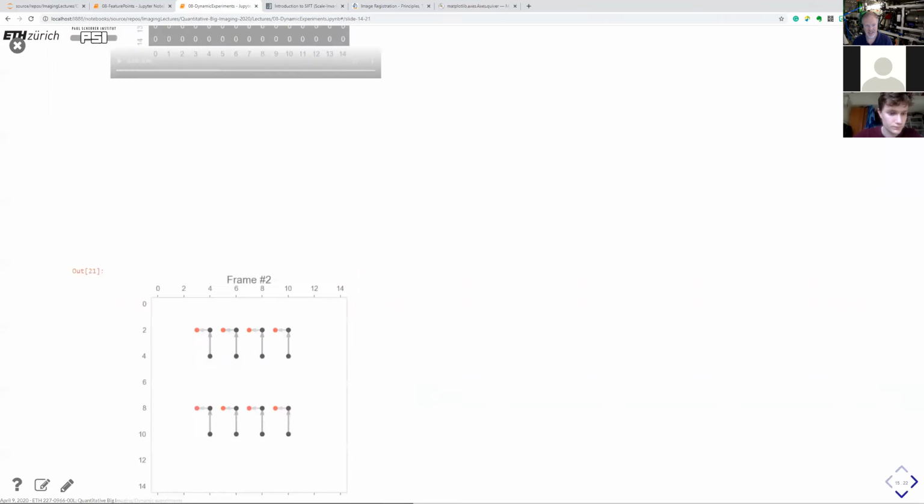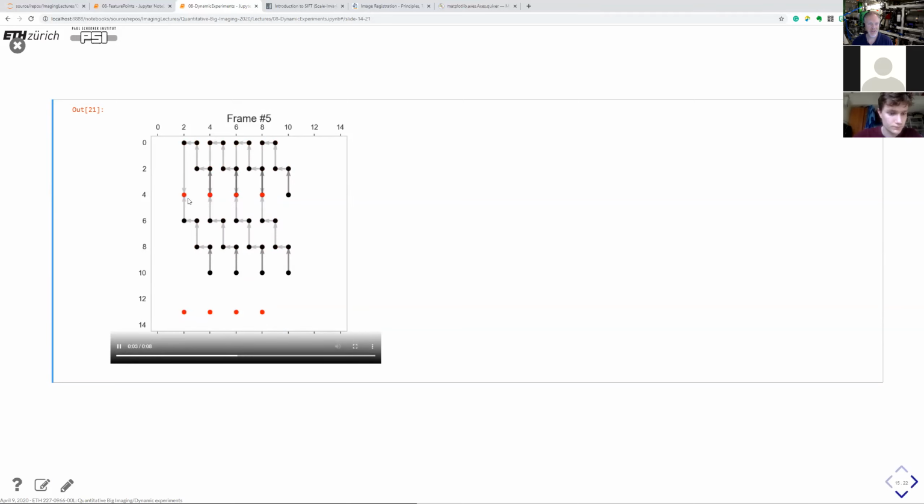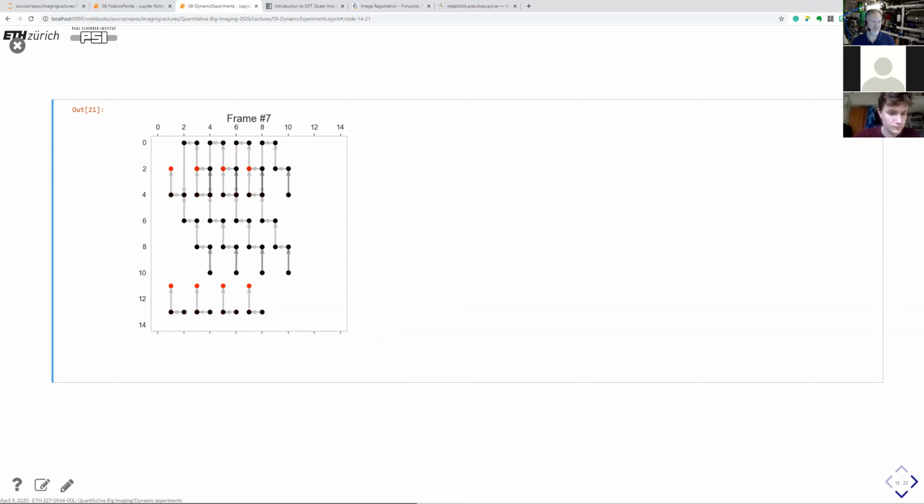You can see here that we are moving around, and then all of a sudden there are some points that come back to the previous one, which is really confusing. And then it's getting harder and harder to get the right tracks in the data.